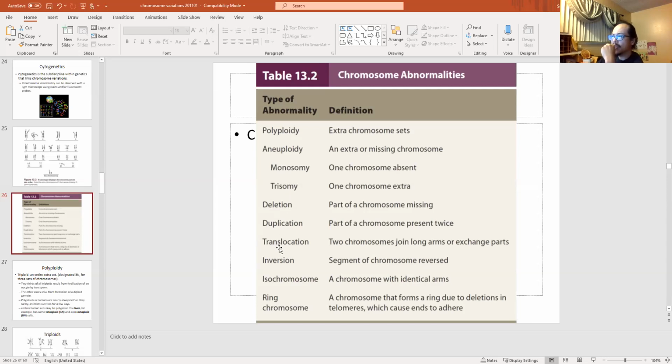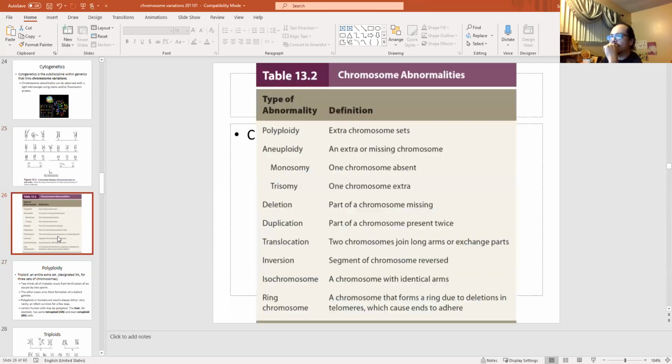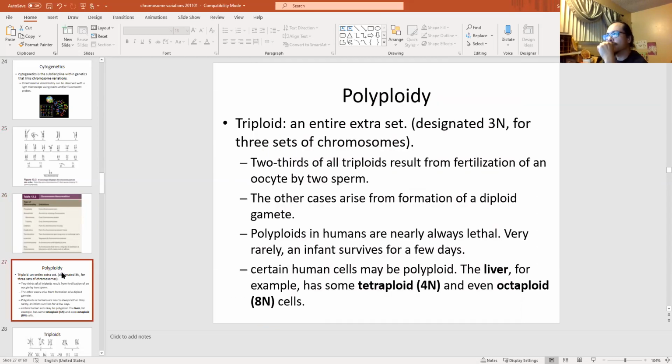We will then talk about translocation, and we will talk about two types of translocation, and how that can affect things. Because with translocation, if these two are translocated, the total amount of chromosome and genes may stay the same, so it probably won't cause any issue. But if this translocation causes an unbalanced result, then this may cause an issue. So we will talk about that. So that's probably it, and so let's look into it.